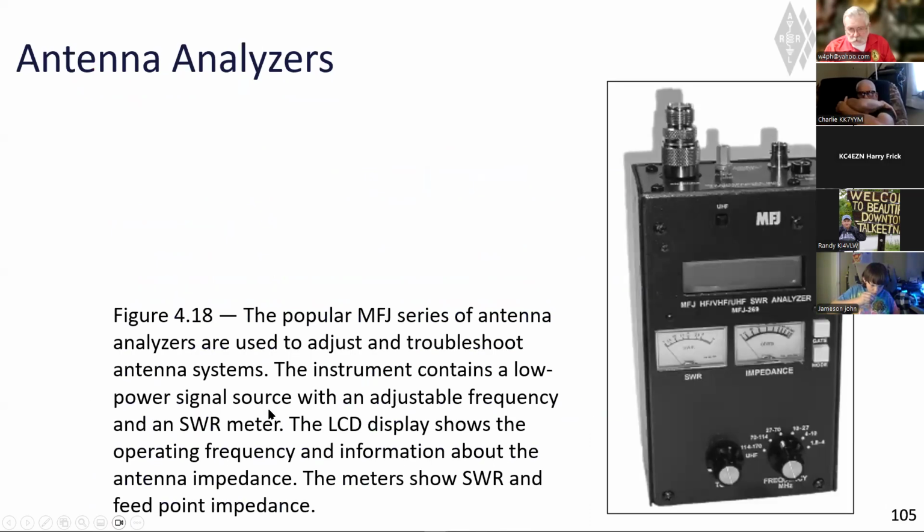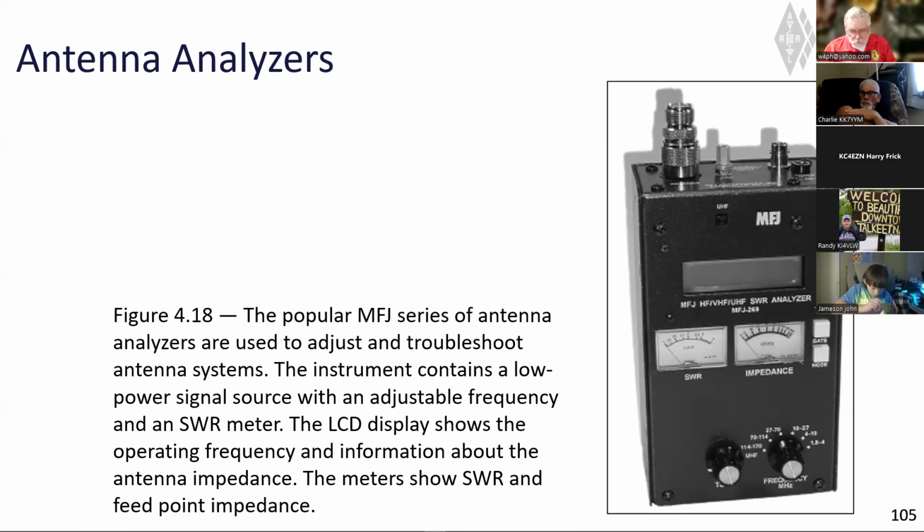Antenna analyzers. The popular MFJ series of antenna analyzers are used to adjust and troubleshoot antenna systems. The instrument contains a low power signal source with an adjustable frequency and an SWR meter. The LCD display shows the operating frequency and information about the antenna's impedance.